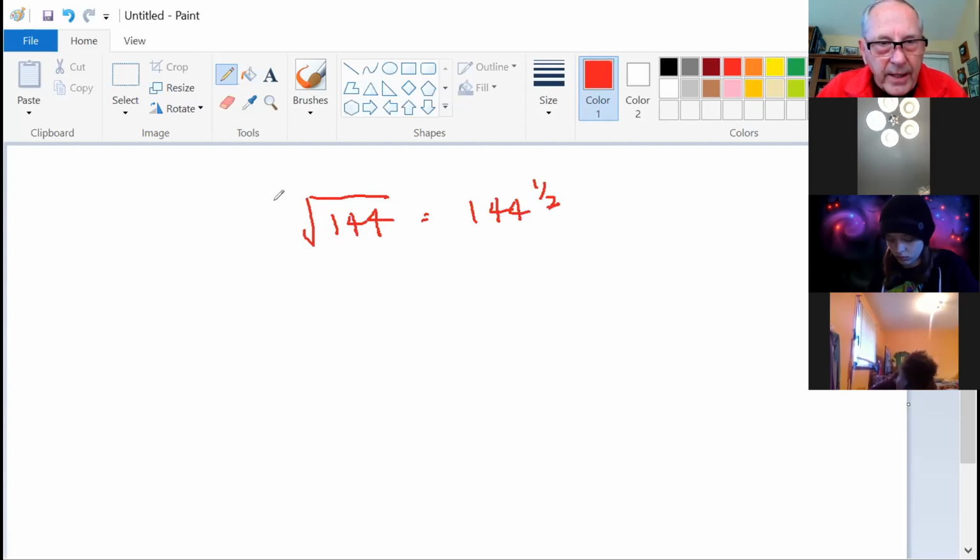This radical sign means it's the square root of what's inside it. So it looks like this. So how do you get the square root of 144? The perfect square of 144 is 12 times 12, right?